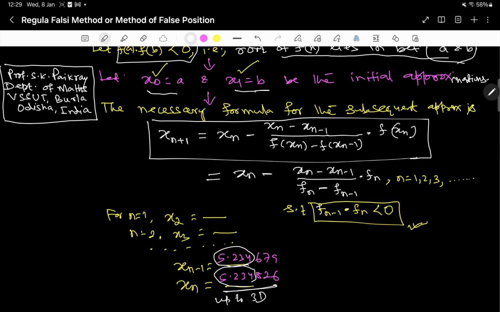So now let me discuss the details of this formula. This is the idea to continue.